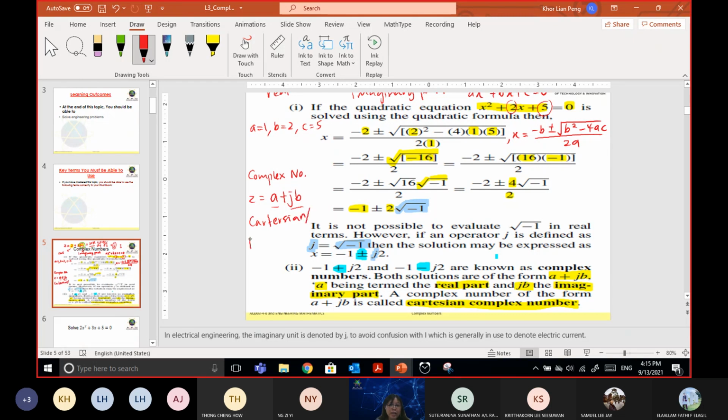There's another name, we call it rectangular. Rectangular complex numbers or Cartesian form is one of the forms that we can present our complex numbers. And there are another 2 forms, which are the polar form and also the exponential form. That will be the later part, but let's get familiar with the Cartesian and rectangular form first. So can you understand what complex numbers are now?